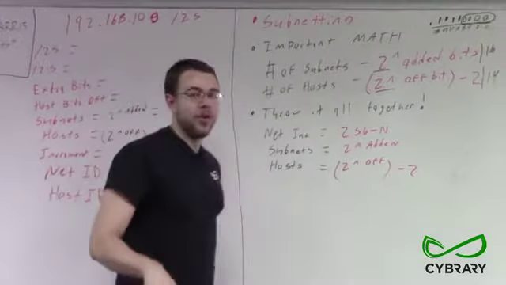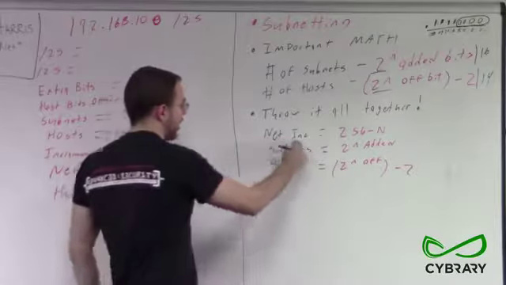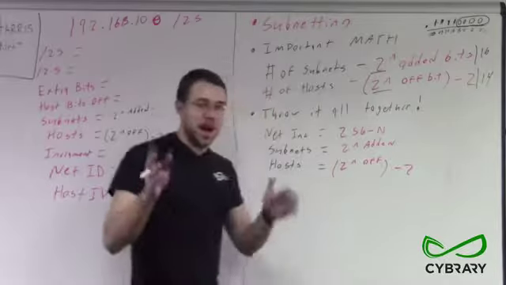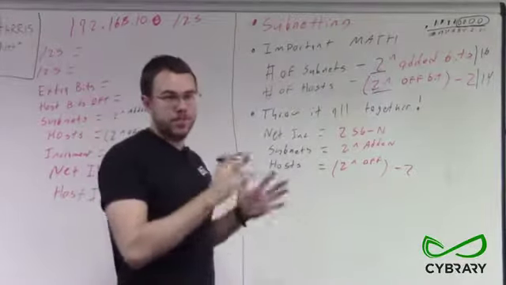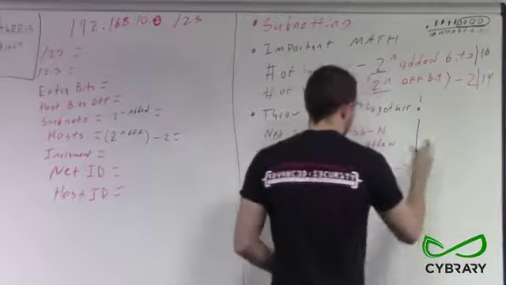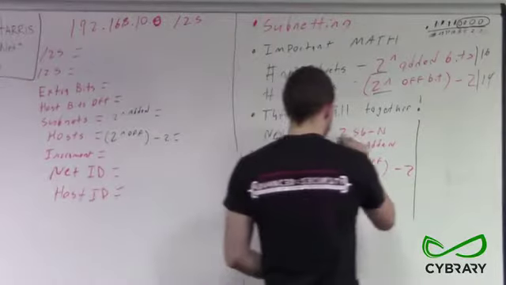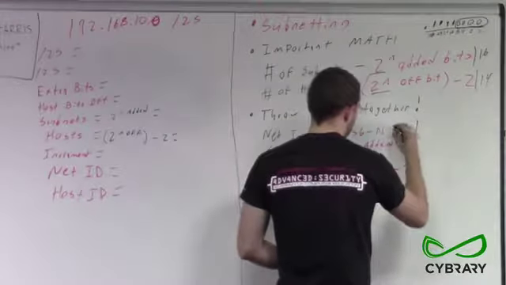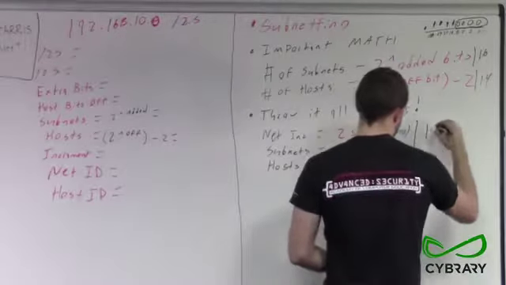So let's throw it all together, the math that we did in our previous segment and the math we did now. Our network increment is going to be 256 minus n, n being our first non-255 subnet mask portion. That was, in our previous example, 255.255.255.240. So 256 minus 240 leaves us with 16.